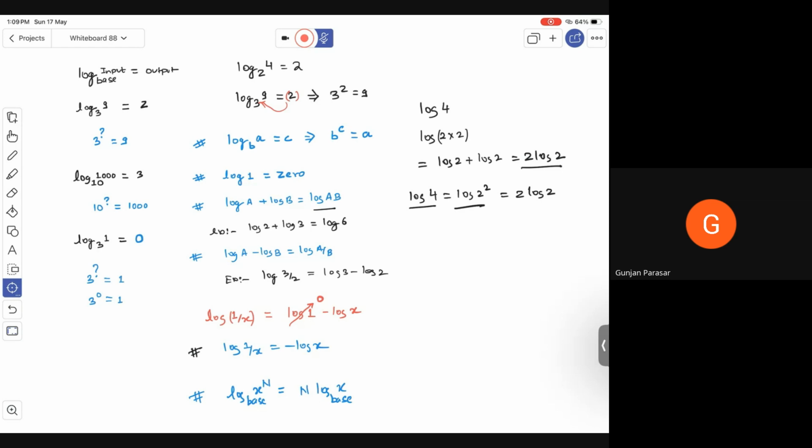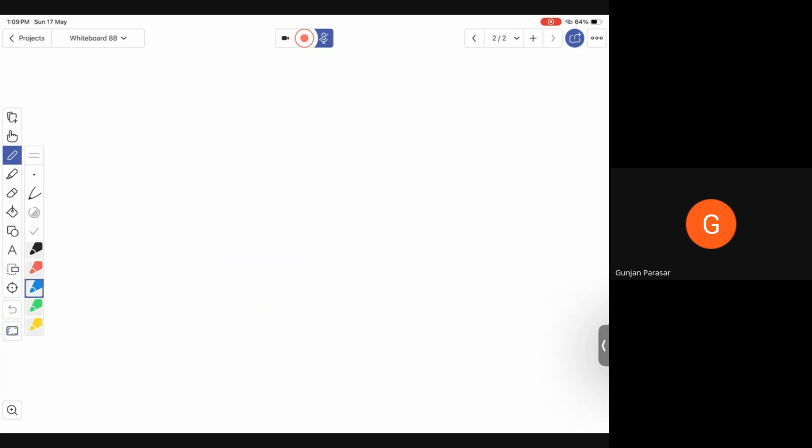So many things I wrote here now, and I'll write freshly on a new page. So first formula is log having base B input A. If it is equal to C, then B power C is equal to A. First formula.